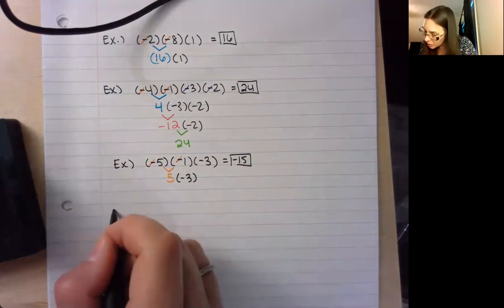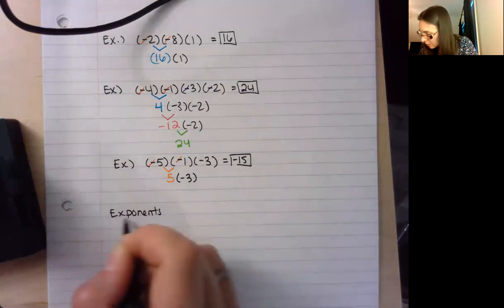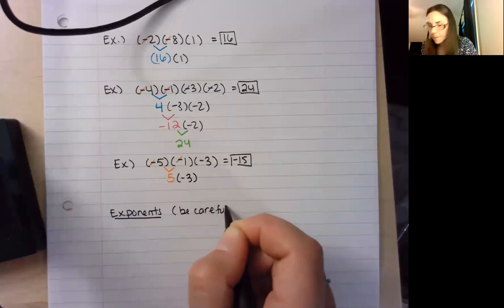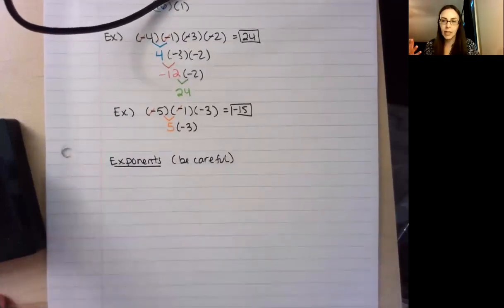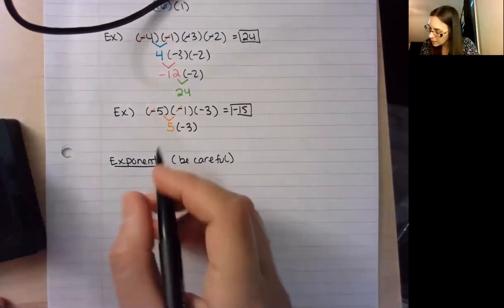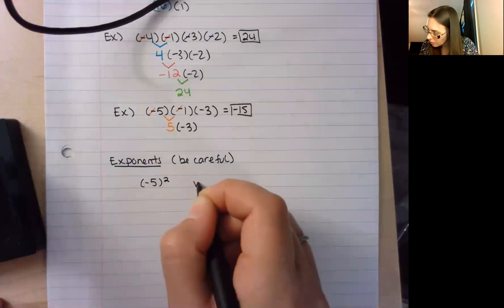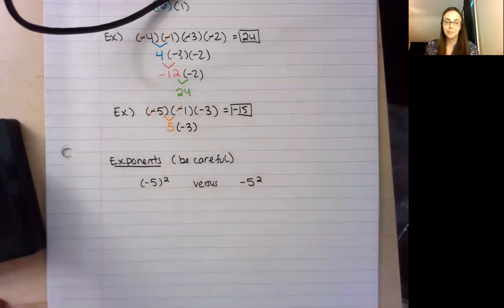I want to take a moment here and just do some exponent examples, as these always tend to confuse students when we start bringing in negatives. So for instance, let's look at (-5)² versus -5².